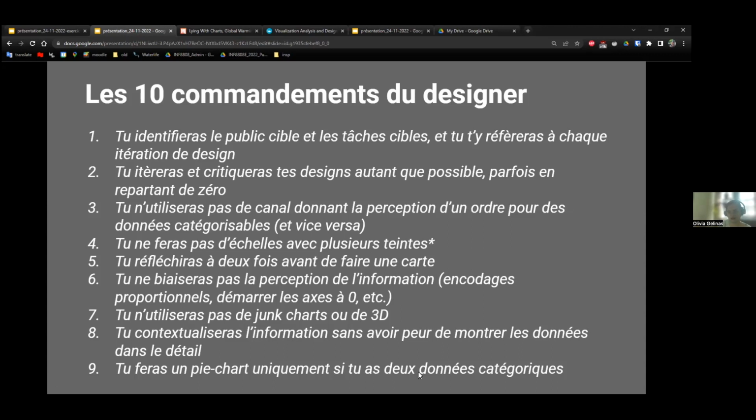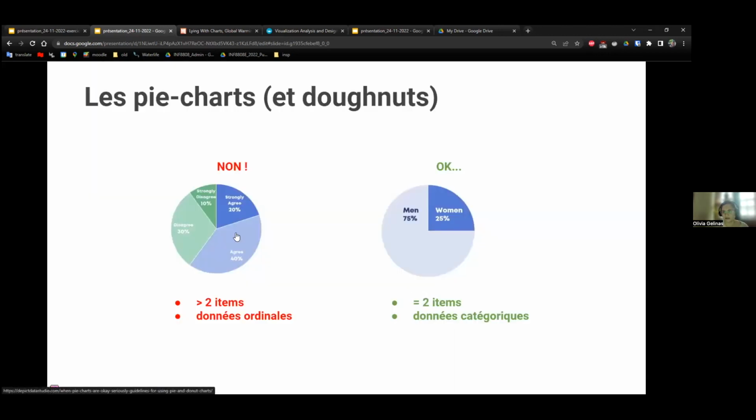Well, here's a pie chart, to be used only if you have two categorical pieces of data. It's a point that is a little controversial sometimes because we like pie charts. We see them often. However, it's not the best way to show data because the eye has trouble comparing the different points in the pie chart.